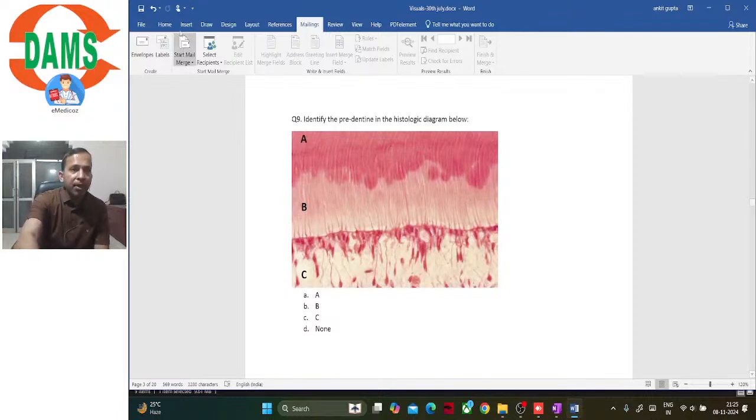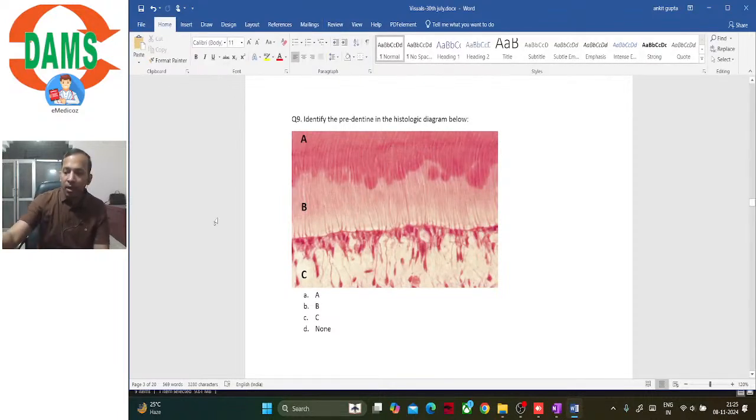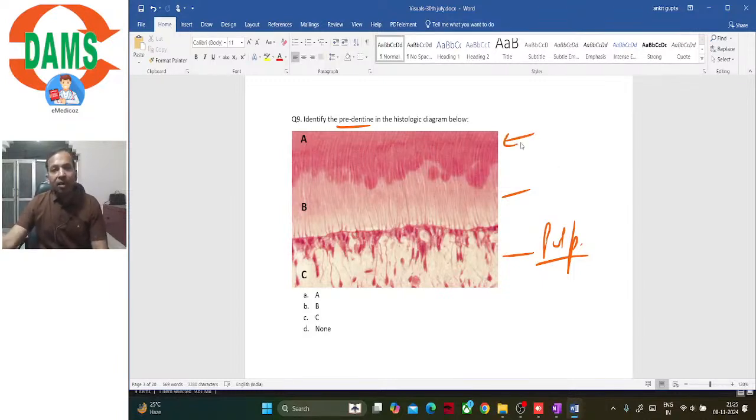Now here you can see three features in the diagram. Maybe you need to identify the predentin. So this is the pulp, as you can identify from the rich cells seen here. This is the dentin just above the pulp, and this is dentin away from the pulp.